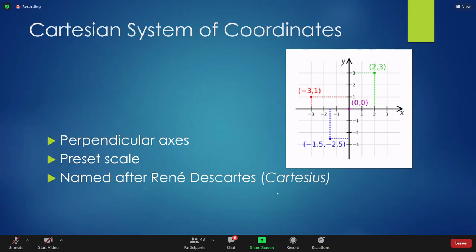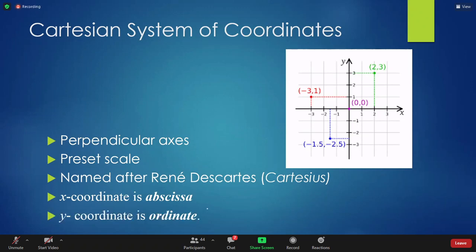And yes, there are 2 specific names more. The X coordinate is called the abscissa, and the Y coordinate is called the ordinate. That again comes from Latin tradition, but in general we can say X coordinate, Y coordinate, but actually you should know that abscissa and ordinate are specific names for the X coordinate and the Y coordinate, simply so that we don't say X and Y, because sometimes we use a system of coordinates where the names of the variables are not X and Y, but something else.